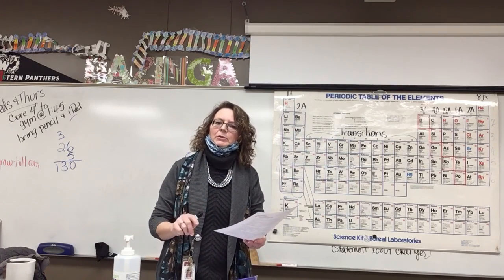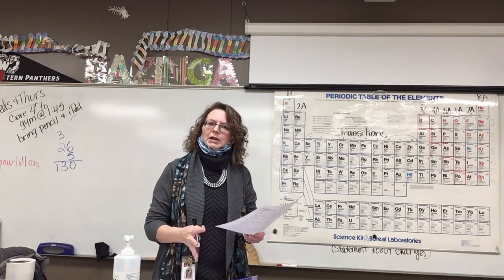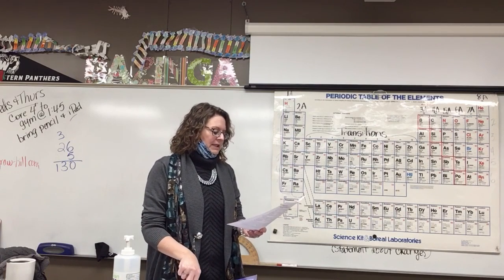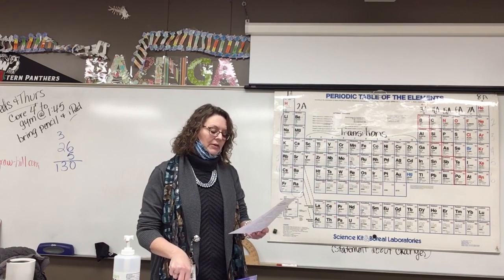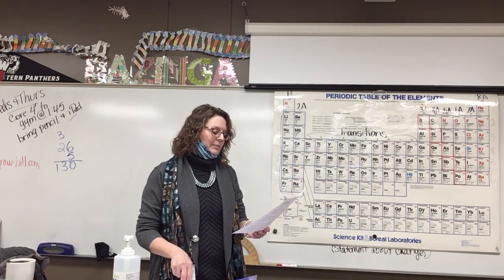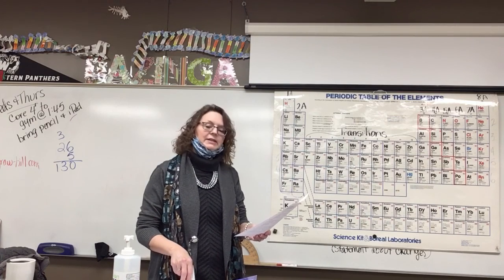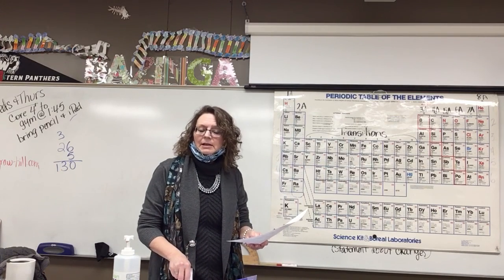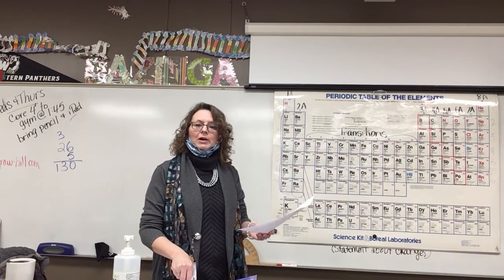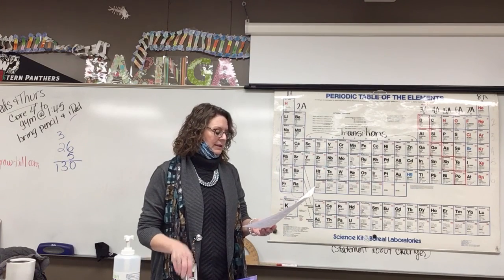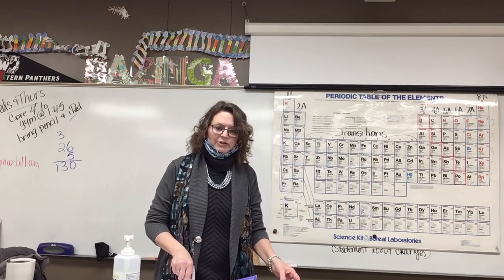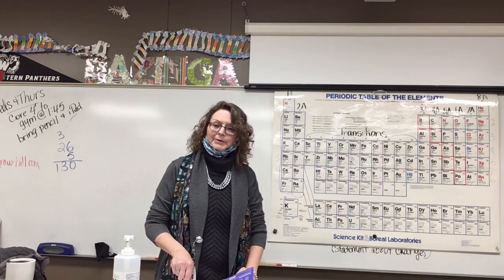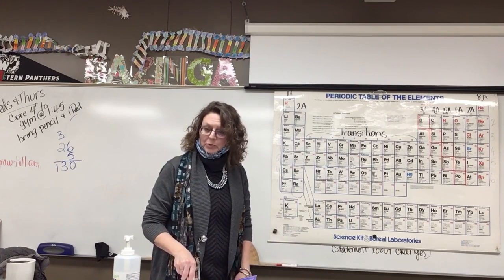The octet rule, 8 valence electrons, octet. D, atoms tend to gain, lose, or share valence electrons until each atom has the same number of valence electrons as the noble gases: 8. Octet. And then stable atoms have 4 pairs of valence electrons. So that's your guided reading, or your notes, depending on which way you went about it.